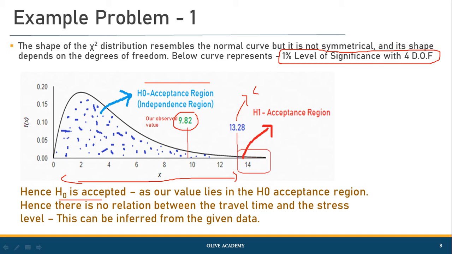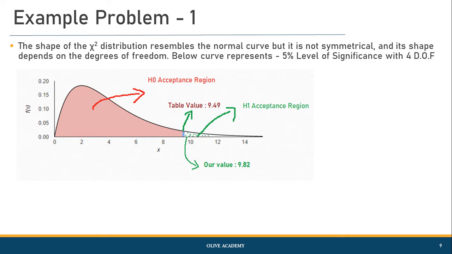Now, if we try to see our value at 5% level of significance, we found that 9.49 is the chi-square table value from the table, whereas our observed or calculated value is 9.82, which means anything lesser than the table value is always the H naught acceptance region, and anything in this region is H1's region, right?